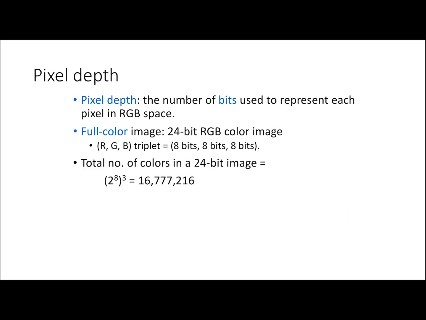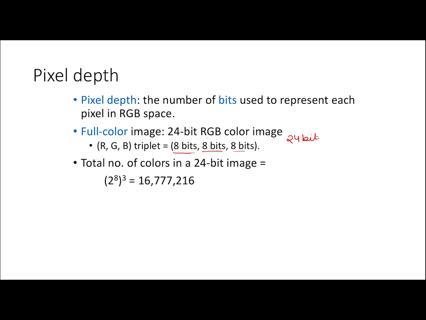So if we consider 8 bits for red, 8 bits for green and 8 bits for blue, then we have 24 bits which represent color for a single point.